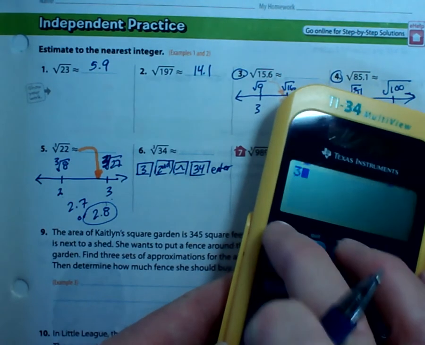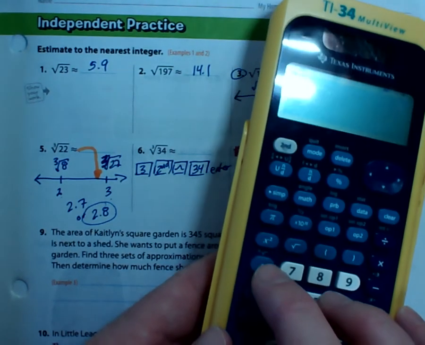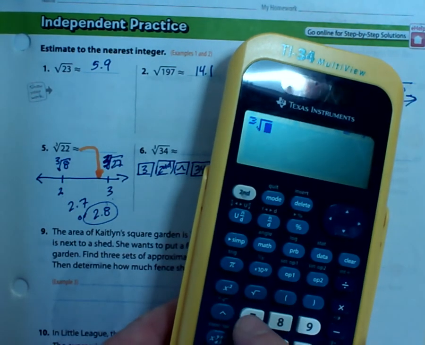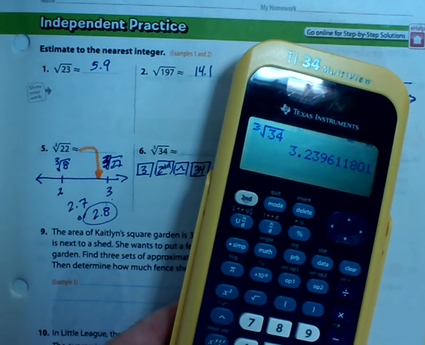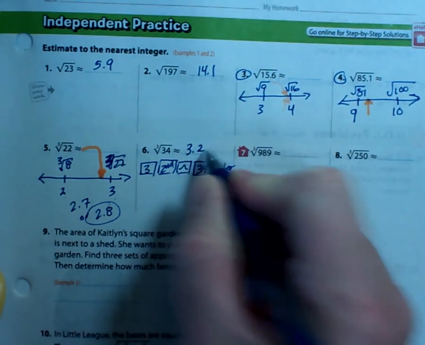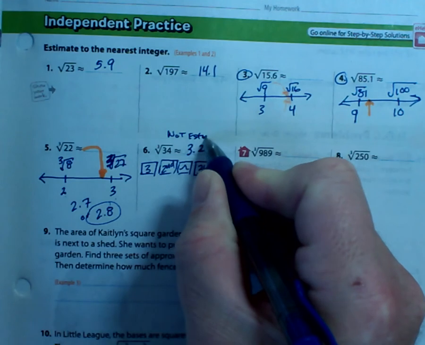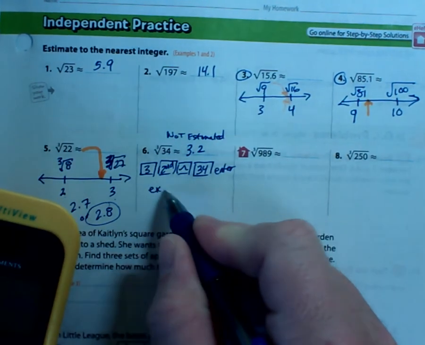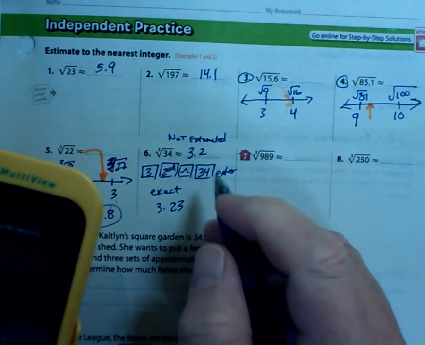Second, and then the caret button is here by the 7. And now I have a cube root. And then I type in 34. And that's 3.2 if you go to the nearest tenth. That was not estimated, but instead that was the exact number. Exact answer would be 3.2396.